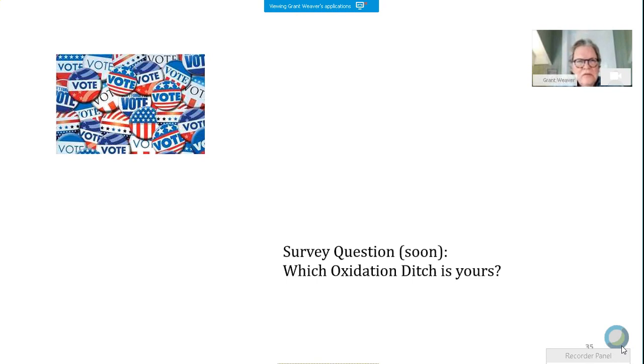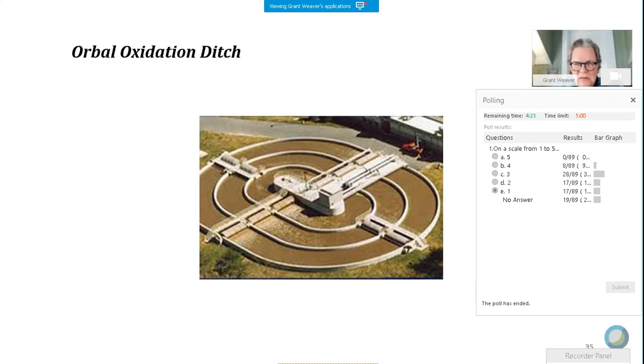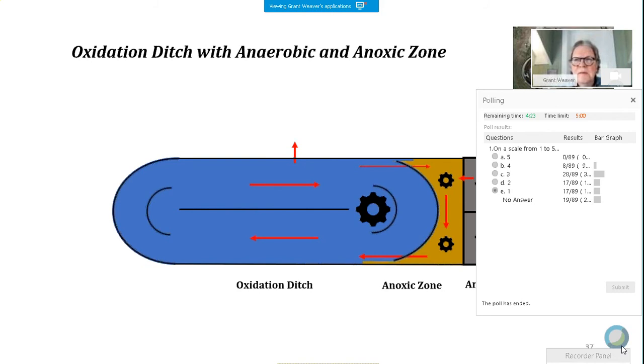Very good. So I'm going to give you a little preview here because I want to find out what kind of oxidation ditch you have because, as I put this thing together, there's a lot of different technologies. So there's the orbital. If you have an orbital, it's rings inside each other, like a bullseye kind of design. If you have one of those, please say so when you're asked. Another one is an oxidation ditch that has all the bells and whistles.